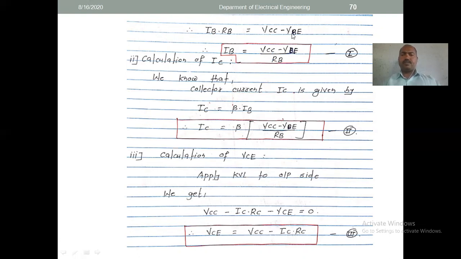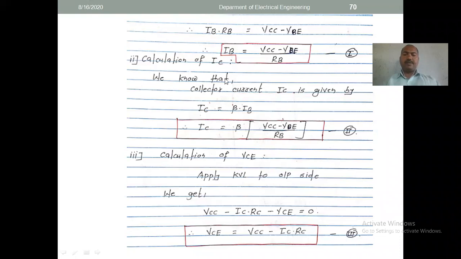So IB equals VCC minus VB divided by RB. This is the equation for IB. To calculate IC, we know one relationship: the collector current is nothing but beta times IB. We know that the value of IB is VCC minus VB divided by RB. So IC equals beta times VCC minus VB divided by RB. This is the equation for IC.